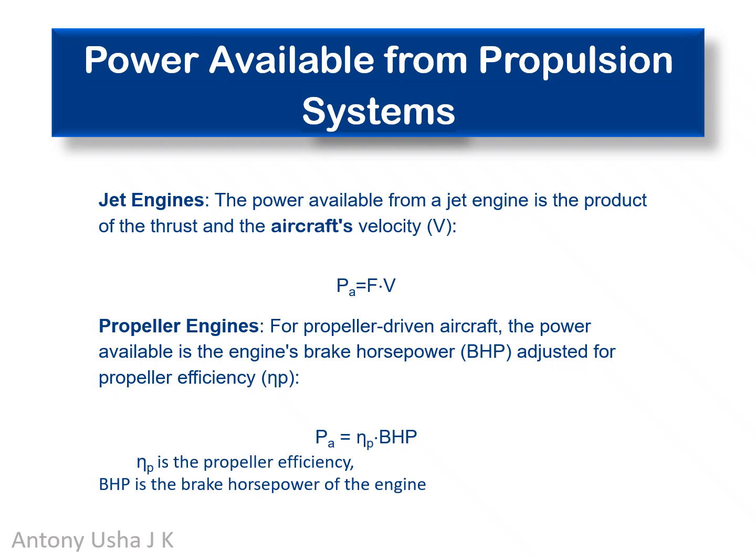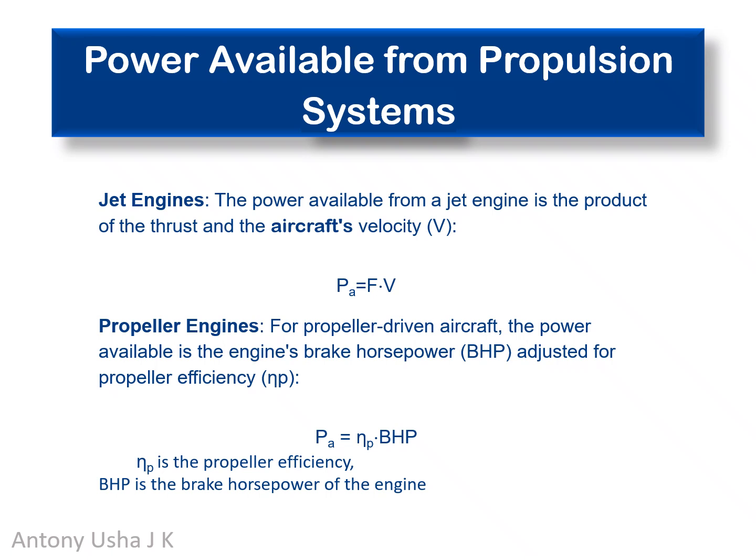For a propeller engine that drives the aircraft, the concept is a little different. Here the power available depends on the engine's output power, adjusted by how efficiently the propeller converts that power into thrust, given by the efficiency times BHP, the brake horsepower of the engine.